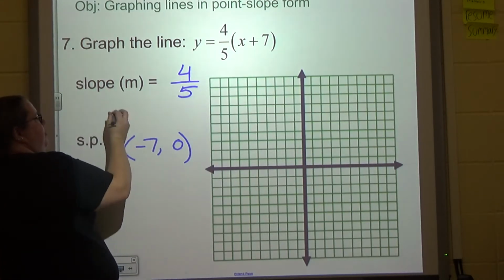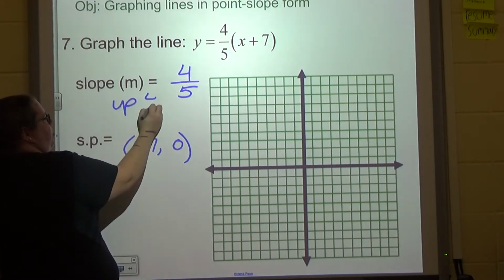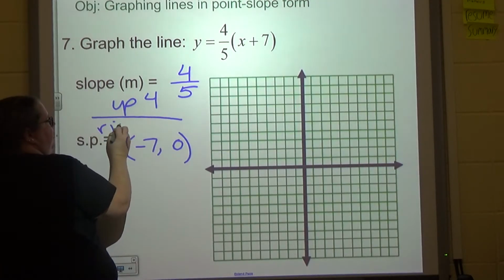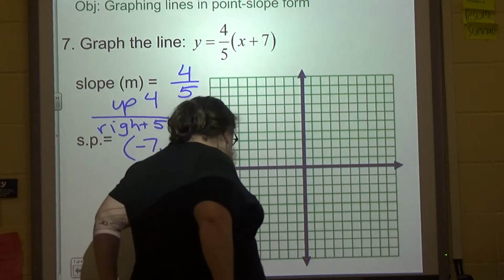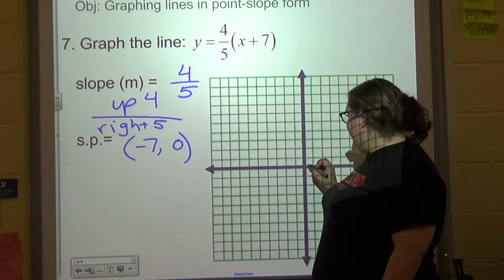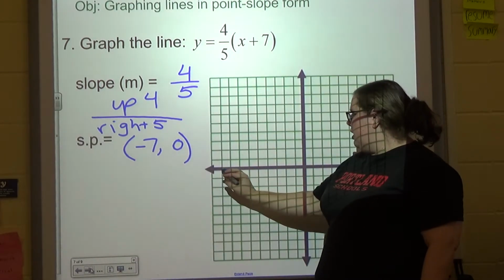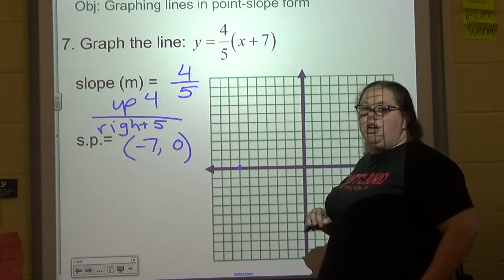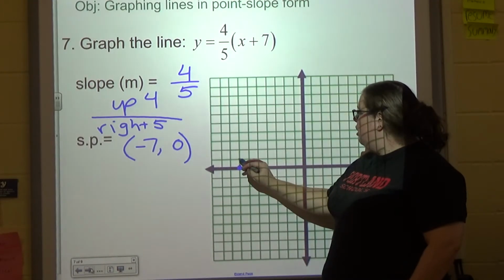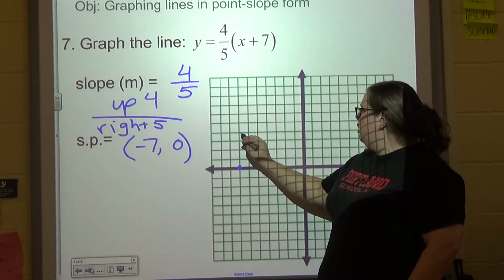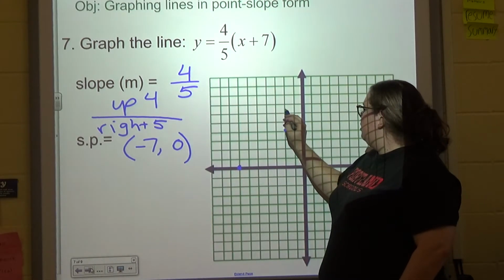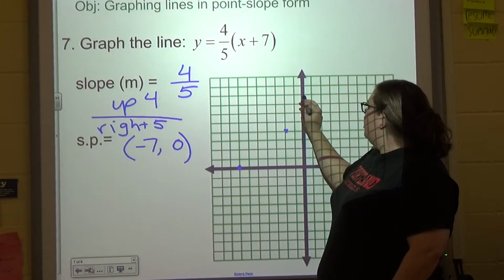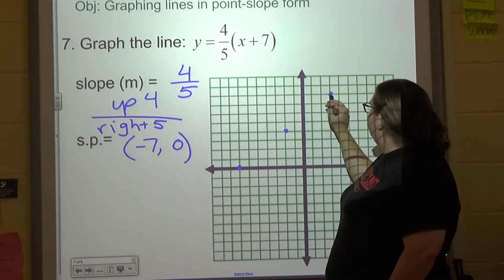Alright, positive slope, so that's up and right. Up 4, right 5. I have (-7, 0), 10, 9, 8, 7, up 4, over 5. 1, 2, 3, 4. 1, 2, 3, 4, 5.